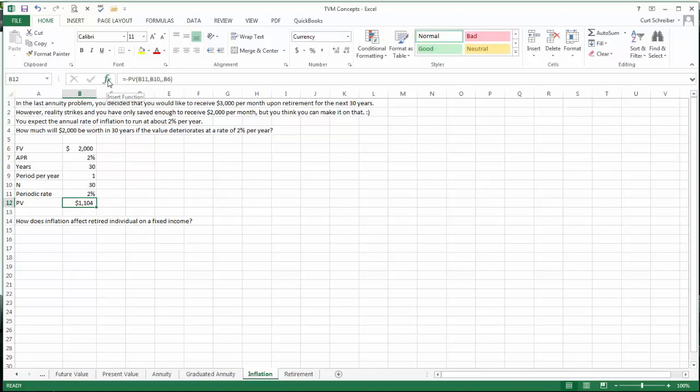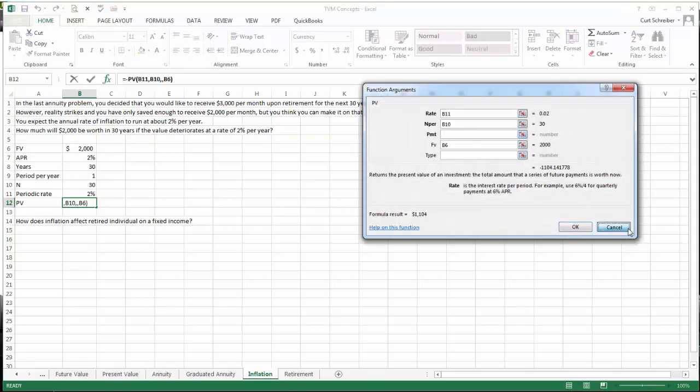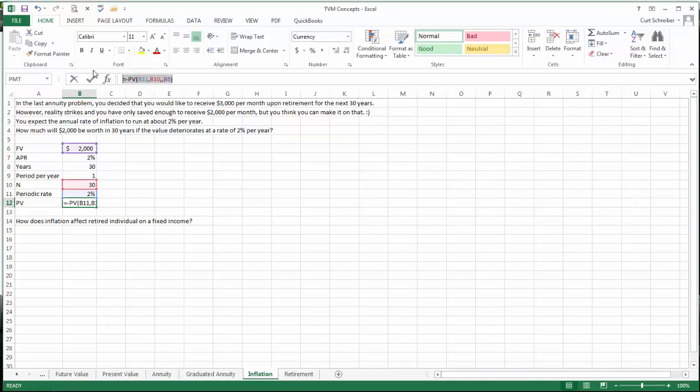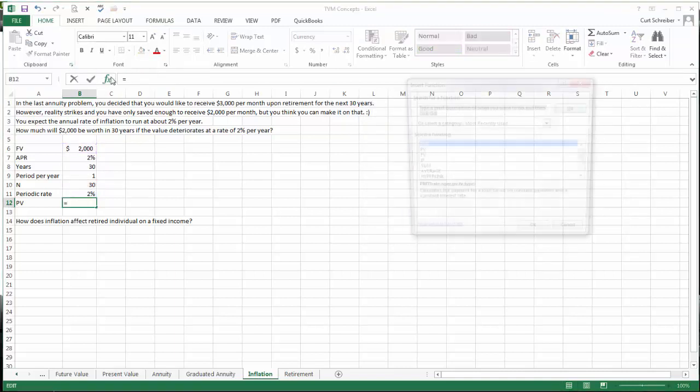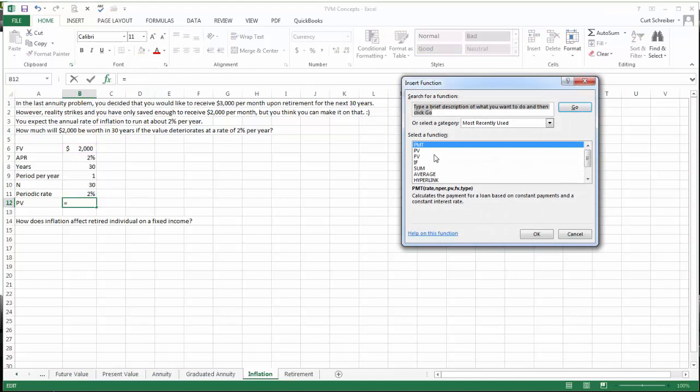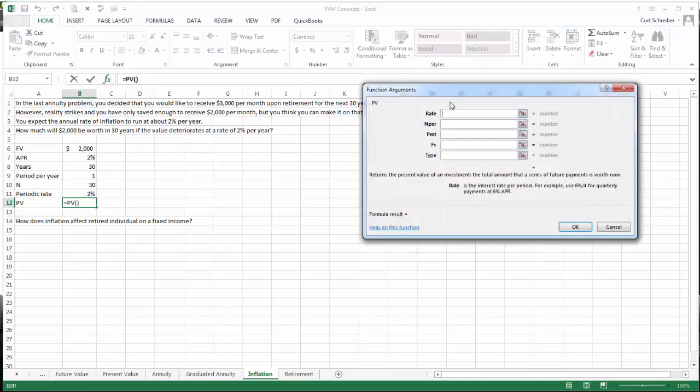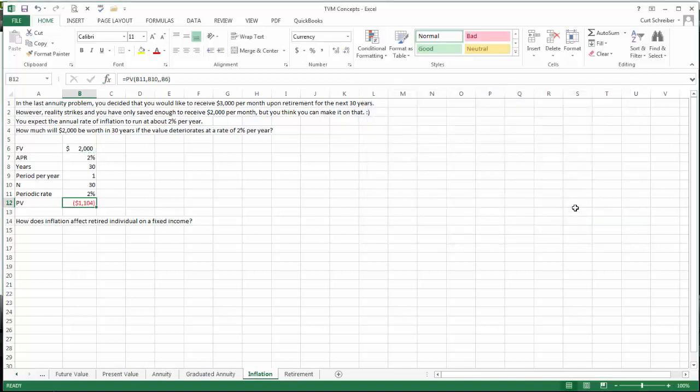So the present value is going to be equal to, let's go ahead and do that one over. Let's go ahead and type in or click on the present value function. Our rate is going to be equal to the 2% or the periodic rate. Total number of periods is equal to 30, and the future value is equal to $2,000.